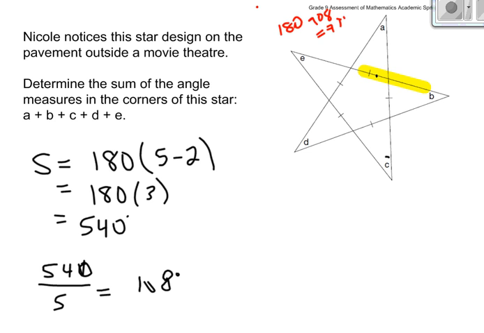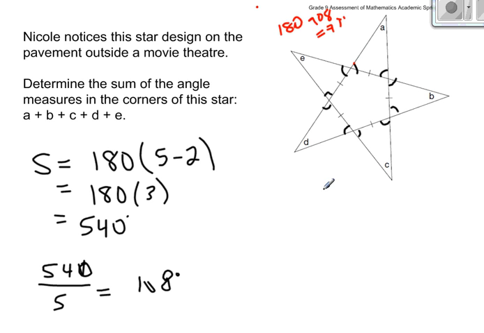And if this is 108, what must this be? 72 degrees. And you can see if you keep going around and around the star like that, that each of the angles on those triangles touching the polygon are the same measurement, and that measurement is 72. So all of these angles that I'm now marking are 72 degrees.